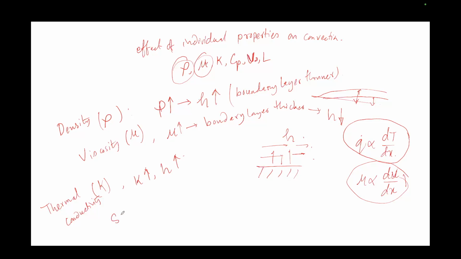Next is the specific heat. First you need to know what specific heat is. The specific heat basically means how much energy a fluid can carry per unit mass. If I take a certain amount of mass of the fluid, how much energy it will carry with itself is indicated by the specific heat.